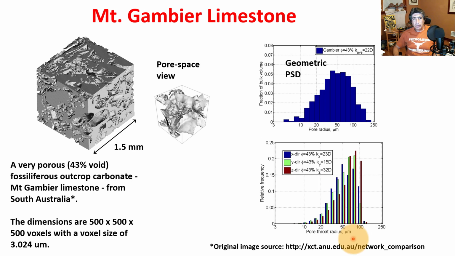Now, when we move to the case of limestones, and of course carbonates in general, they have a very wide distribution of situations. But let me show you this example of Mount Gambier limestone here. It's a very, very porous rock, 43% porosity, and we have a view of the solid composition right here, and then a view of the pore space, what remains in between the solids.